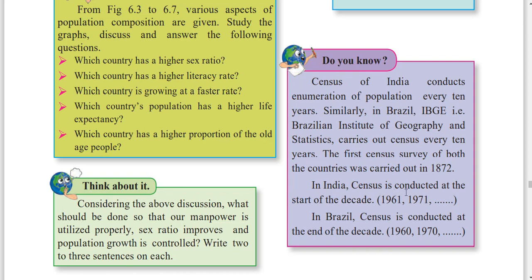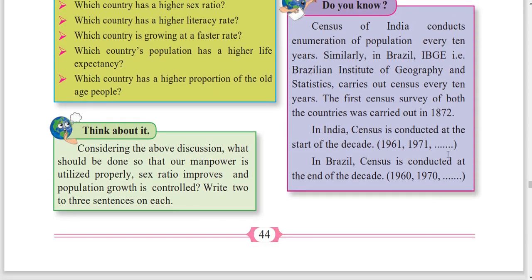In India, census is conducted at the start of the decade: 1961, 1971, etc. In Brazil, census is conducted at the end of the decade: 1960, 1970, similarly 1980, 90, and so on.